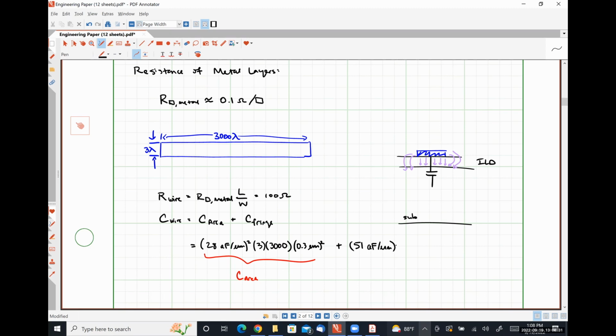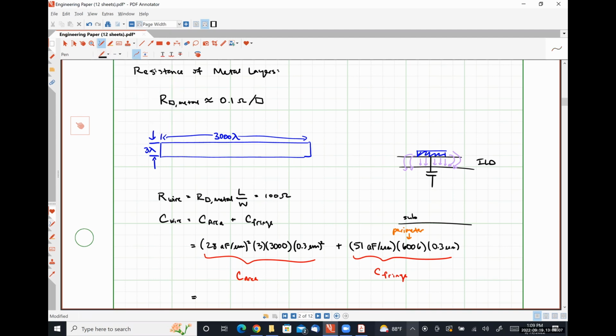And then our perimeter is going to be 6,006 lambda. And 6,006 times 0.3 microns. I'm just going to make a quick note here: perimeter. And then this whole thing right here represents our fringe.